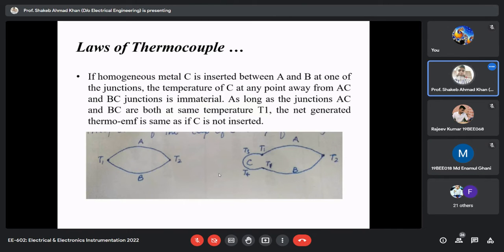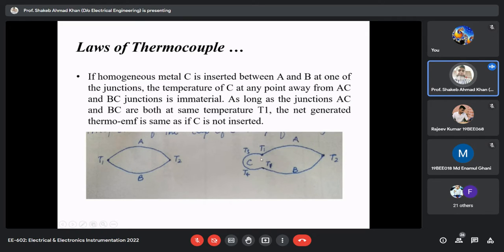Now this is the next law. Here, a metal is inserted at one of the junctions. This is your original thermocouple, made up of metal A and metal B, and the junctions are maintained at temperatures T1 and T2. Now you can see that metal C is inserted at one of the junctions, and obviously two new junctions will come into existence because of the insertion of the metal.